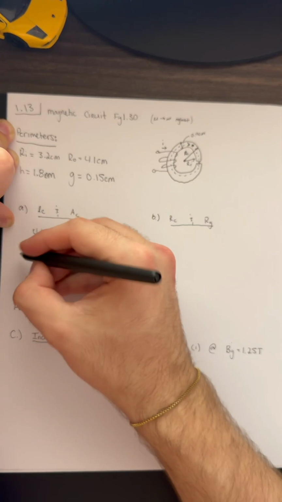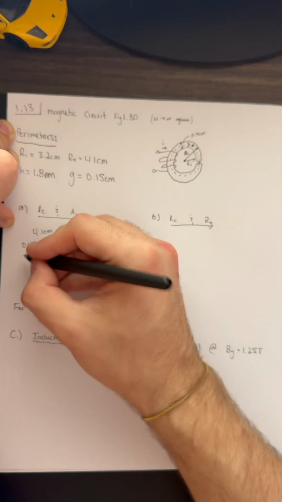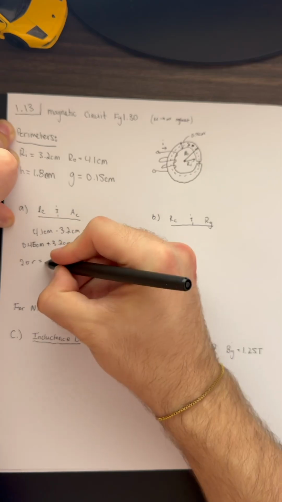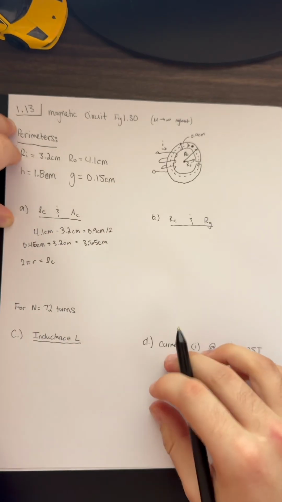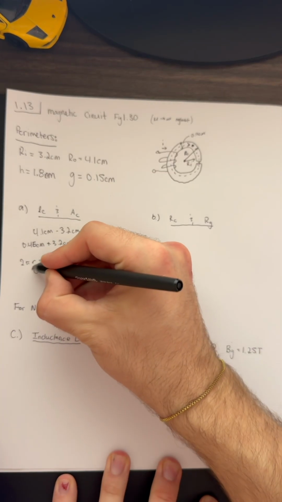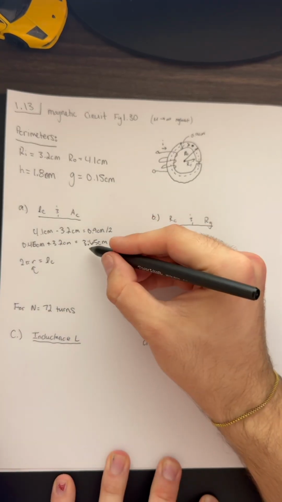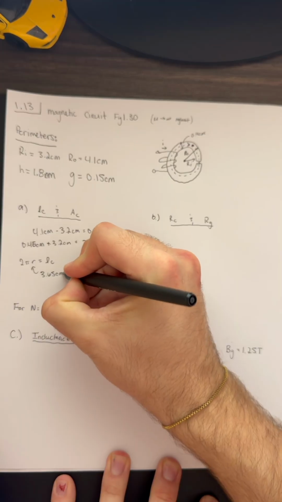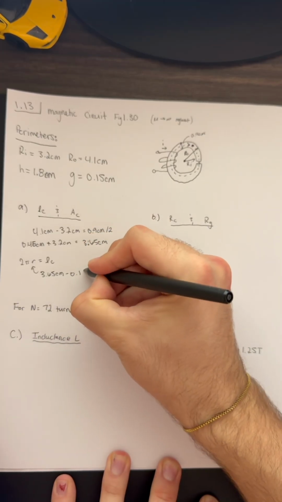And now the circumference of a circle is going to be 2 pi r, which is the LC, the length of the core. And our r in this case, you would think it'd be 3.65, but it'd be 3.65 centimeters minus 0.15.